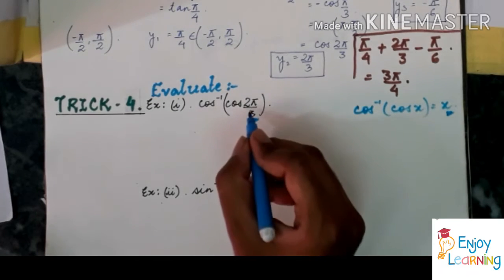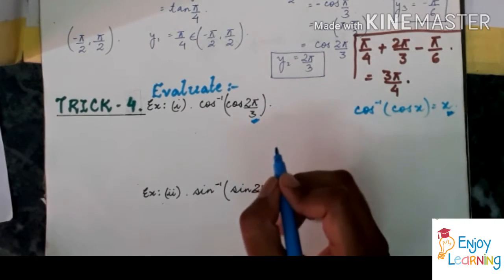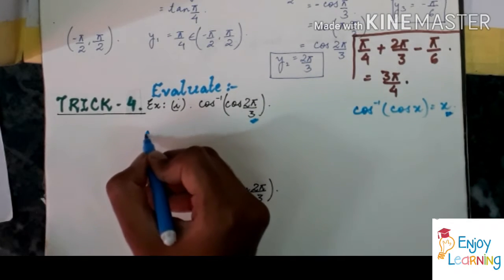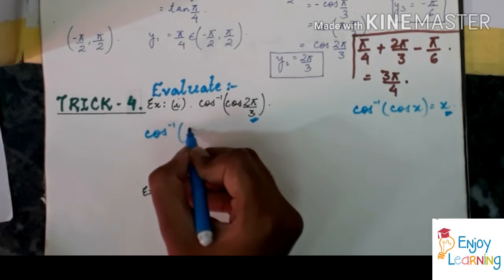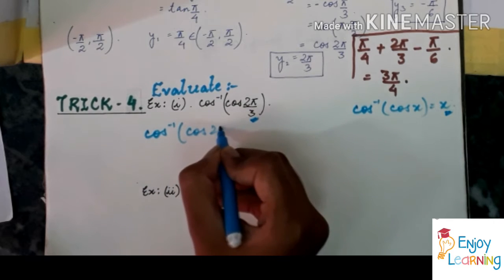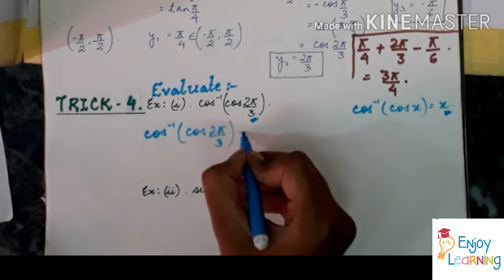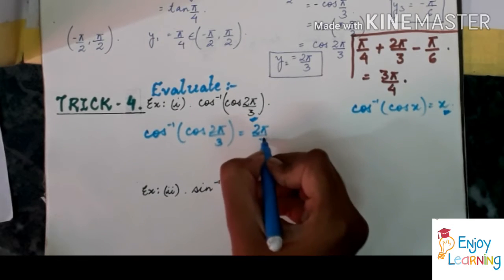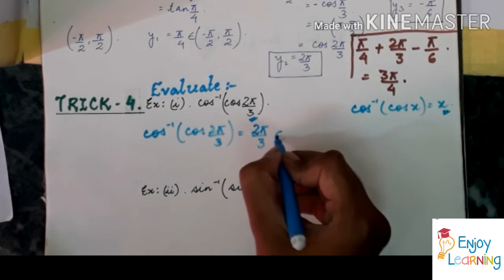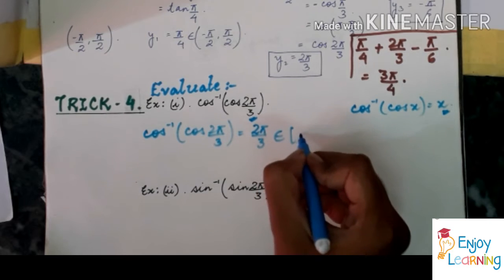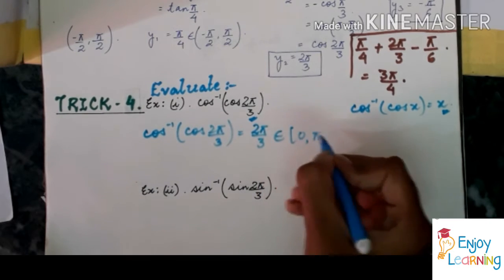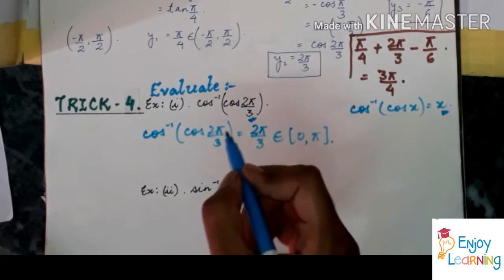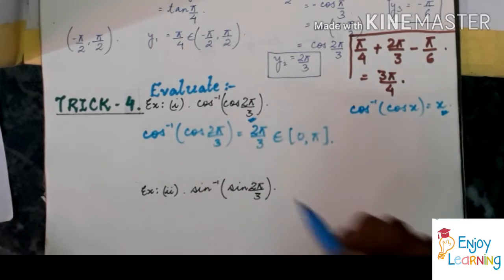So since 2 pi by 3 lies in between 0 to pi, you can say that cos inverse cos 2 pi by 3 is equal to 2 pi by 3. Why? Because it lies in between 0 to pi. So you have evaluated this function.